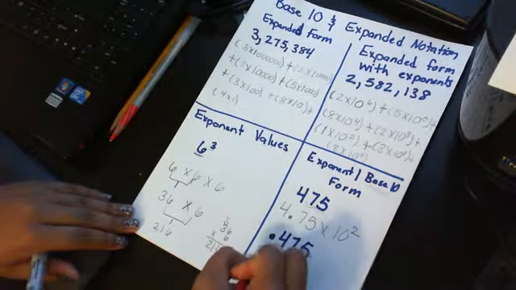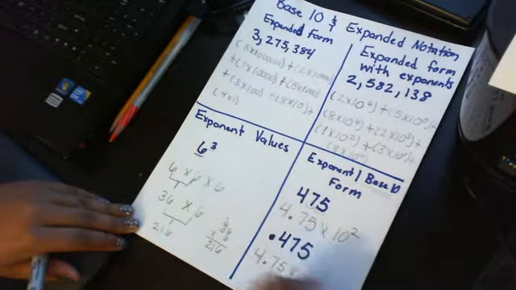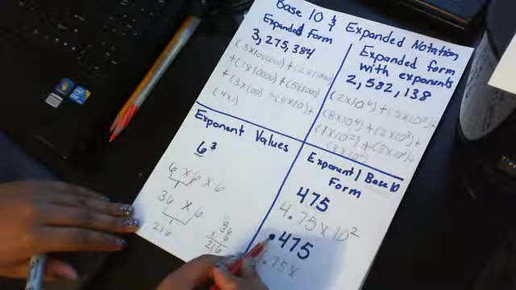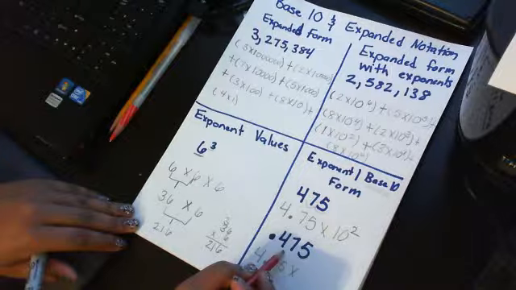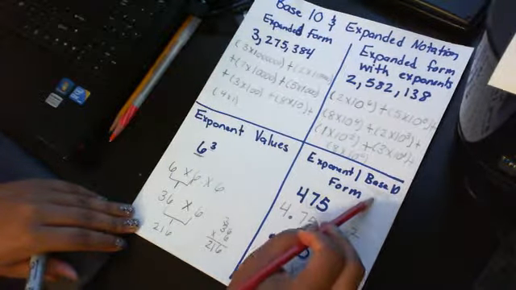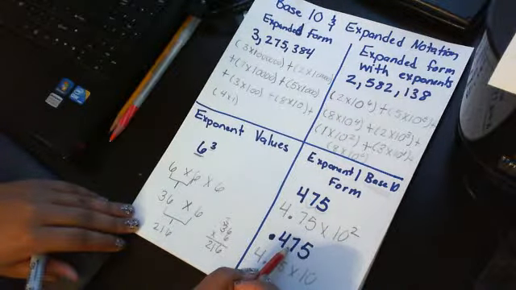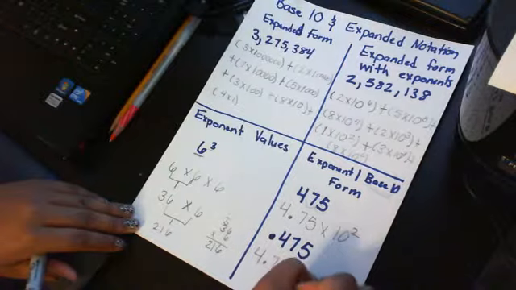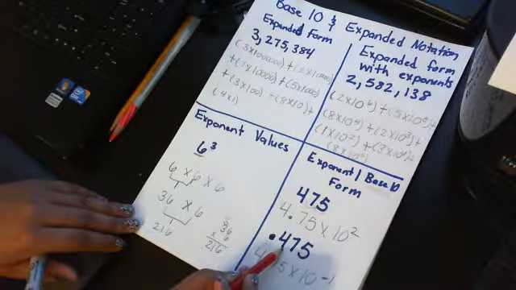We want 4.75, but this time we moved our decimal from the left to the right. So we know that it is going to be 10, because it's base 10. But since we went this way, it's going to go negative. So we get a negative 1, because we moved it one spot.